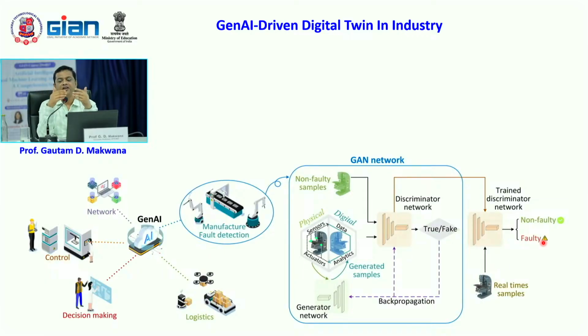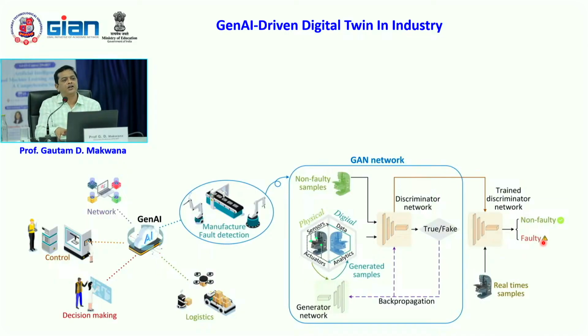This is possible because, otherwise, the fault is identified only after the product reaches the real world and is experienced by a person. If I purchase a new laptop, it looks okay, but when I use it for one or two days, my laptop does not work well. This raises questions on the branding of that particular laptop.